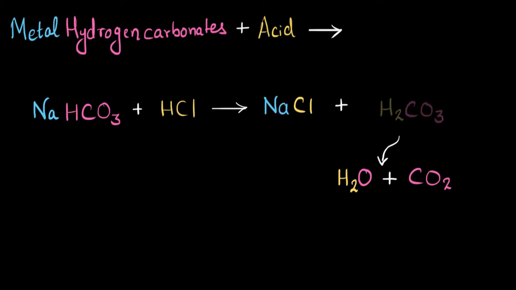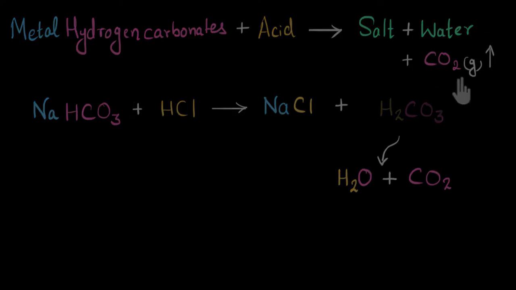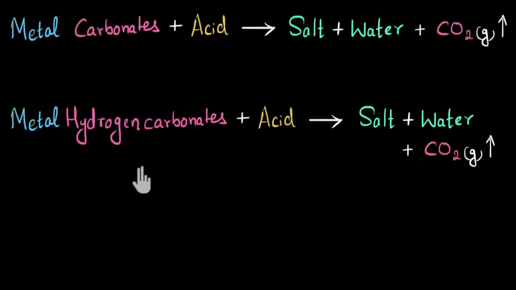So we can say that in general, metal hydrogen carbonates react with acid to give salt, water, and carbon dioxide. Salt, water, and carbon dioxide gas is released. So we saw that in general, metal carbonates and metal hydrogen carbonates both react with acids to give salt, water and release carbon dioxide gas.